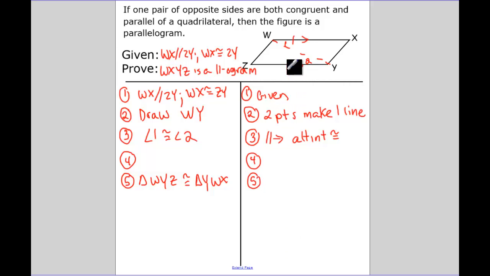We've already said one side are congruent. We've said angles are congruent. Now what I'm missing is WY congruent to WY by the reflexive property. Now that I know that side is equal, I could say we are congruent by side, angle, side.